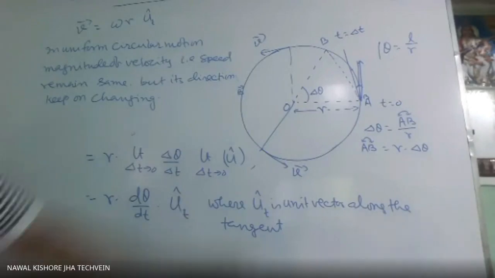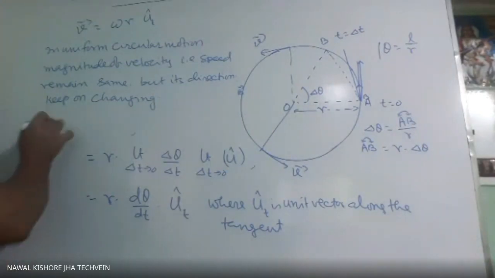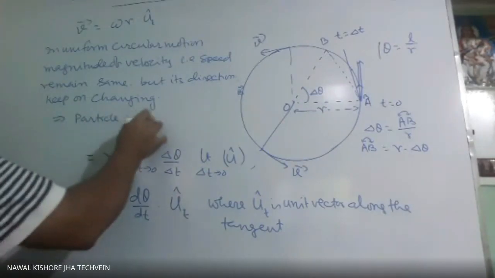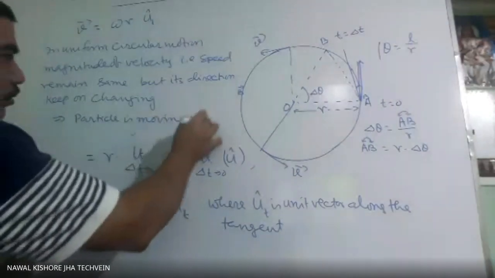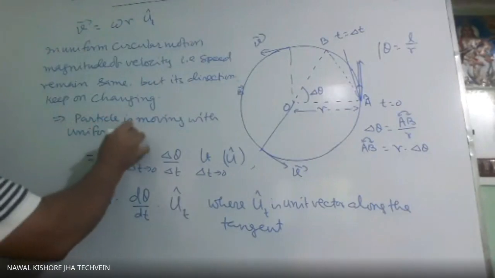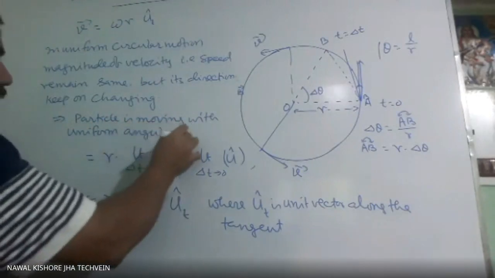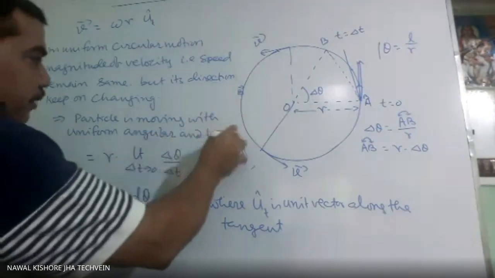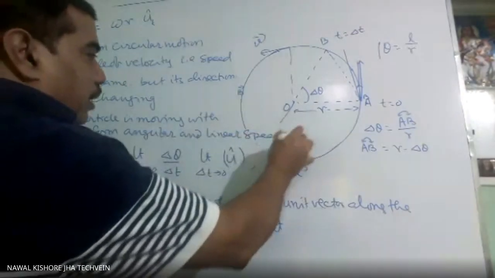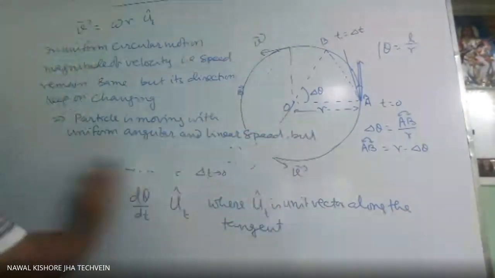So in uniform circular motion, speed is constant, but velocity is variable, or non-uniform. The particle is moving with uniform angular and linear speed, but velocity is not uniform.